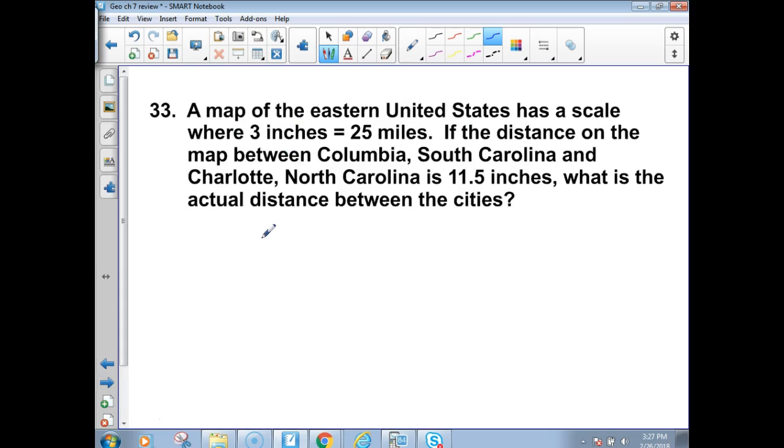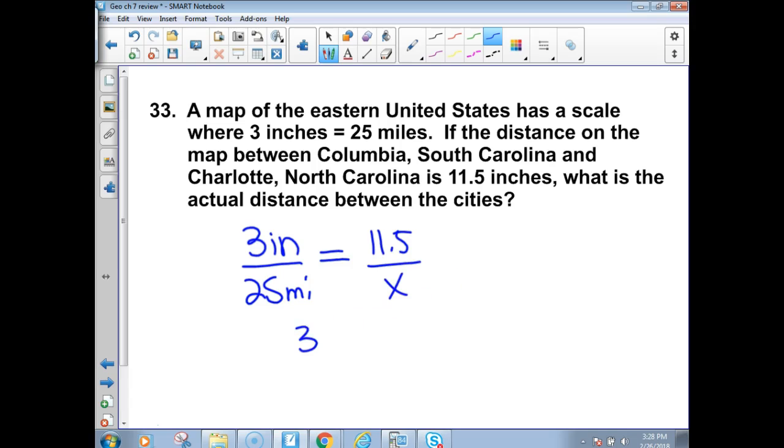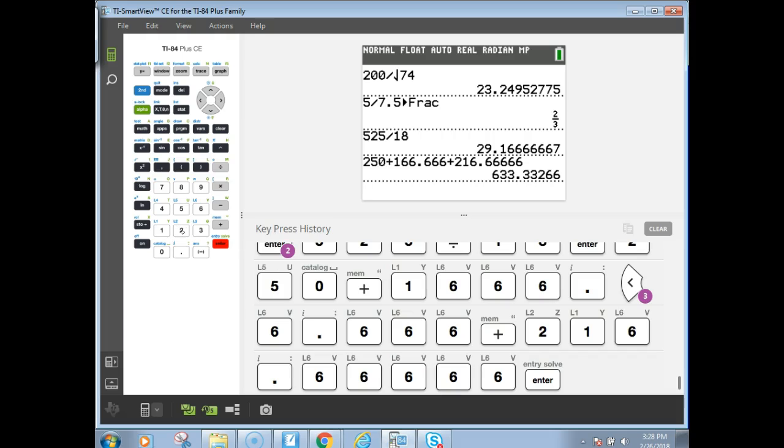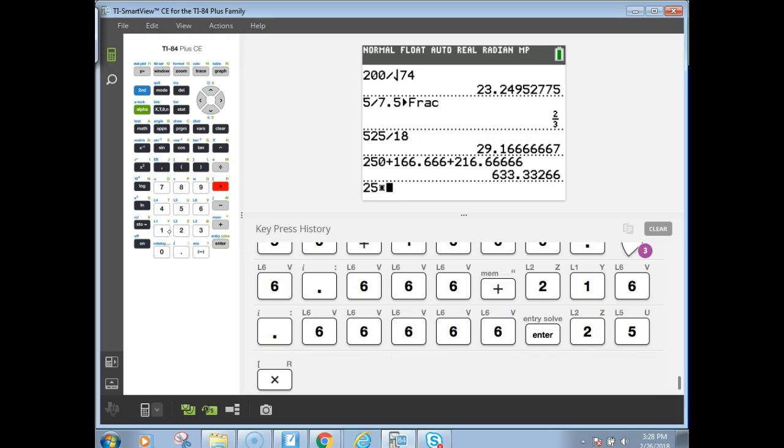And the last one that I need to do for recording, because the rest of it is going to be posted, 3 inches is 25 miles. I'll post both parts, but I already did the recording of the other. So 11.5 inches goes on top, x miles on the bottom. What's 25 times 11.5?